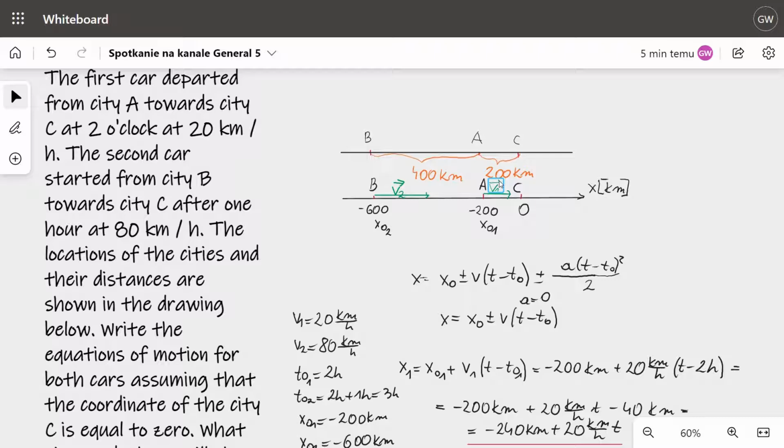To write equations of motion, we draw the x-axis. Coordinate of city C is equal to 0. So coordinate of city A is equal to minus 200 kilometers and coordinate of city B is equal to minus 600 kilometers.